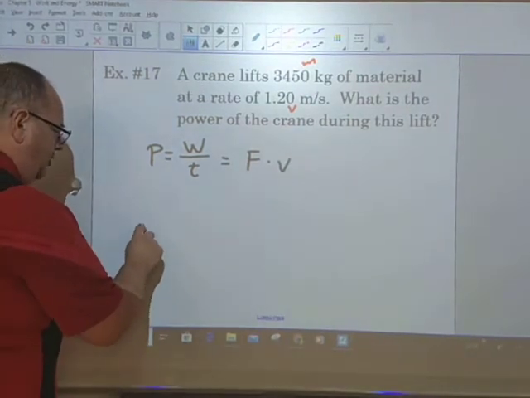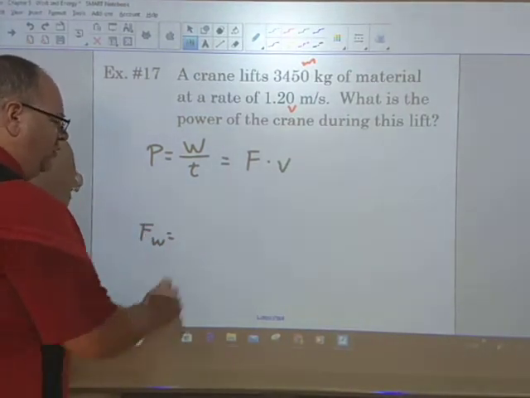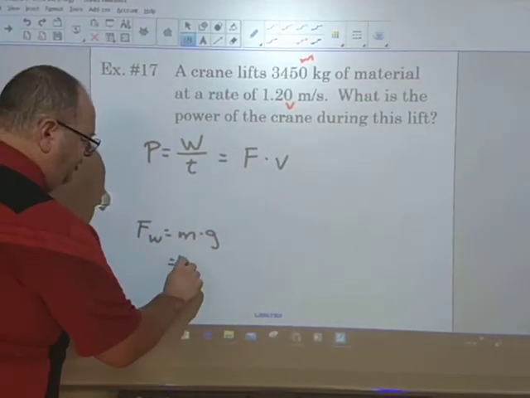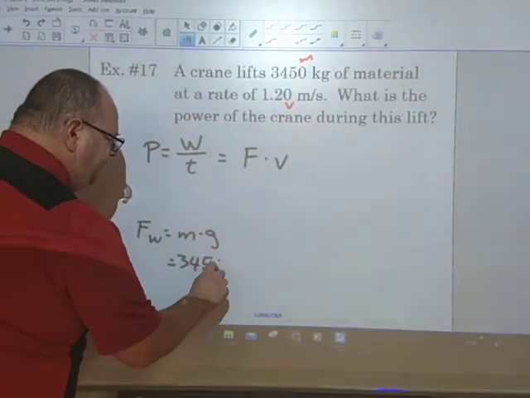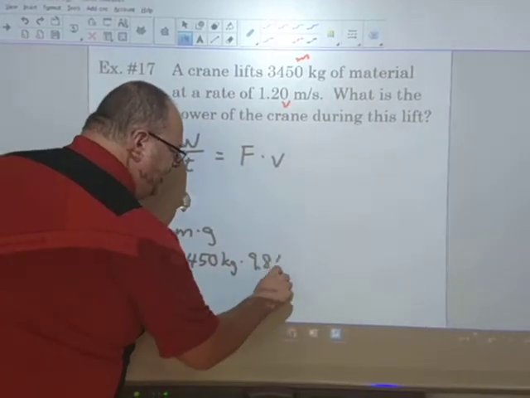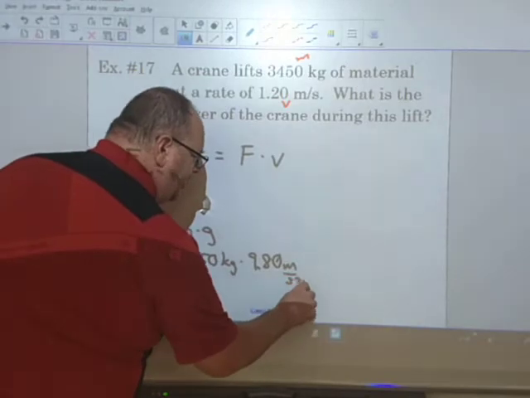So I'm going to go off on the side again, say the weight is m times g, which is 3,450 kilograms times 9.80 meters per second squared.